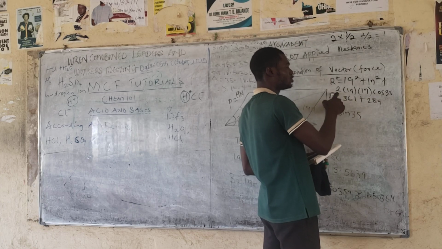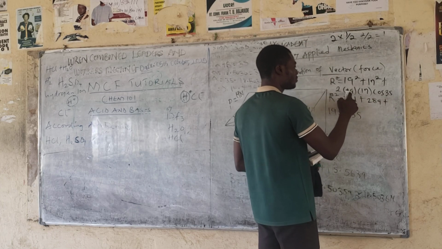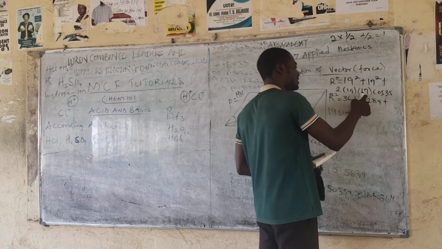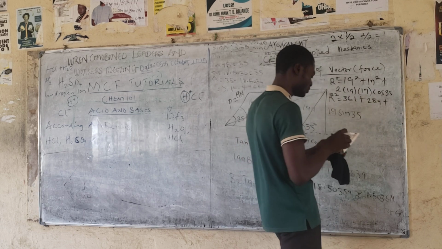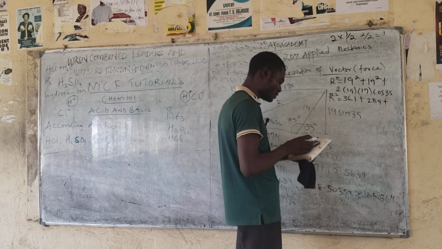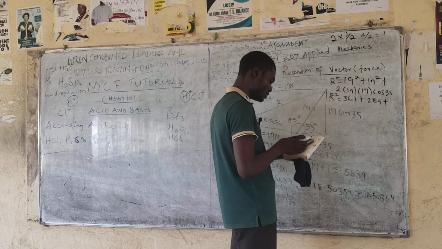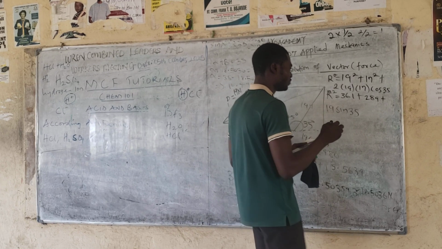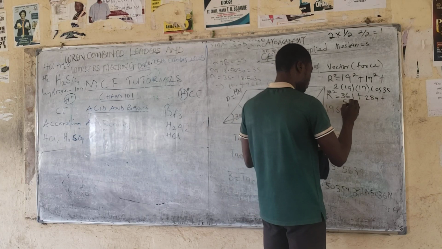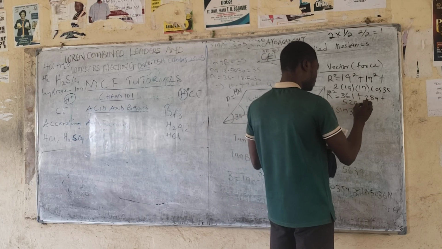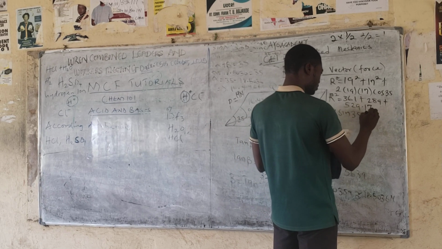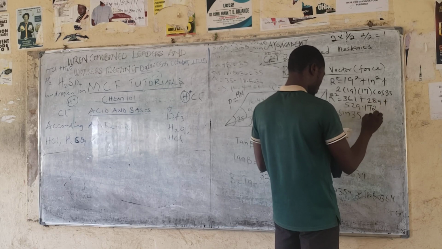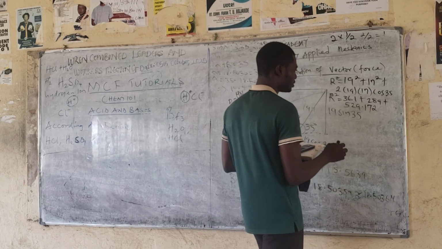This is 2 times, just press the calculator, 2 times 19 times 17 times cos 35. That is 529.2, right? So let's just leave it like this, have we?